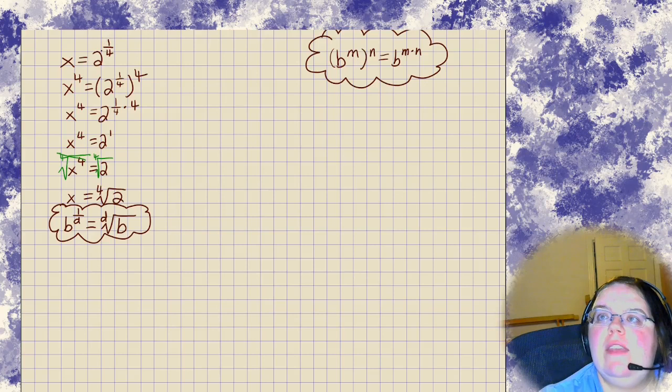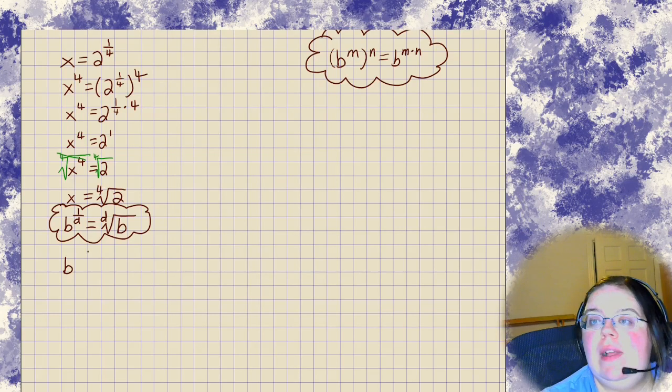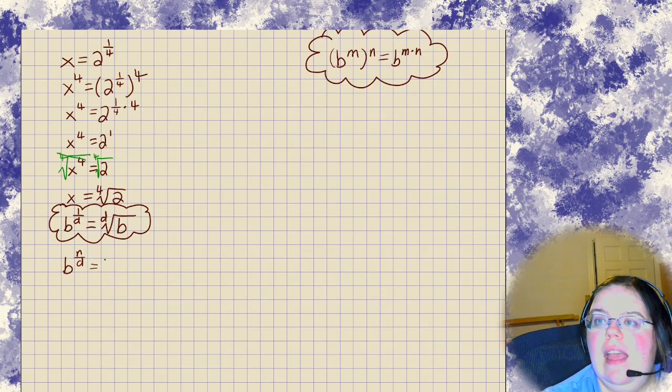Now what about if we have a non-unit fraction, such as that base to the n over d power? Well, we can use this same property to rewrite that as the base to 1 over d, times n. If you multiply these together, you would get n over d.